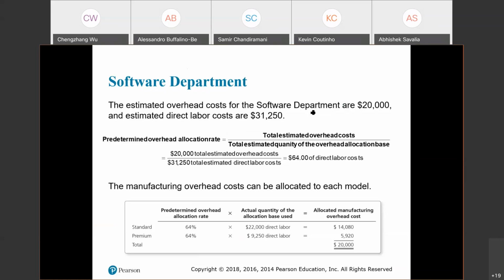So we use the total estimated overhead cost, which is $20,000, to be assigned to the software department, divided by the total estimated direct labor cost, which is $31,250.